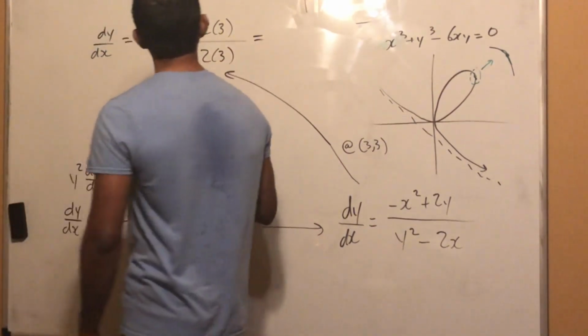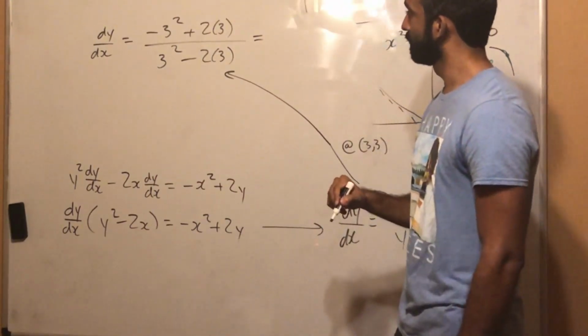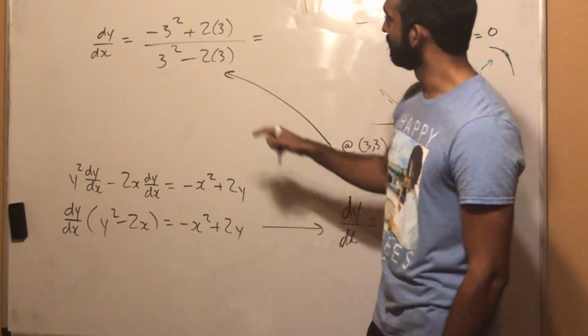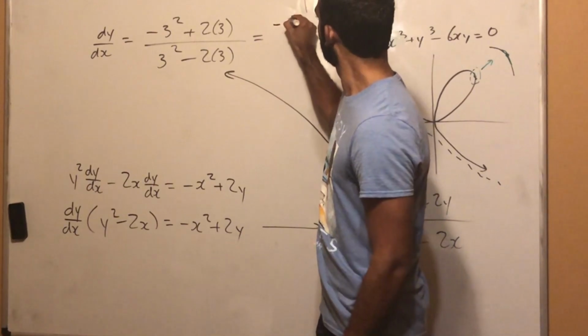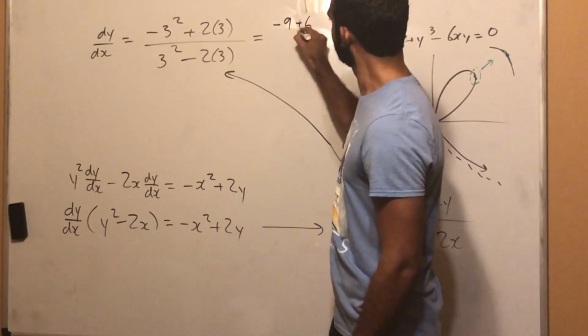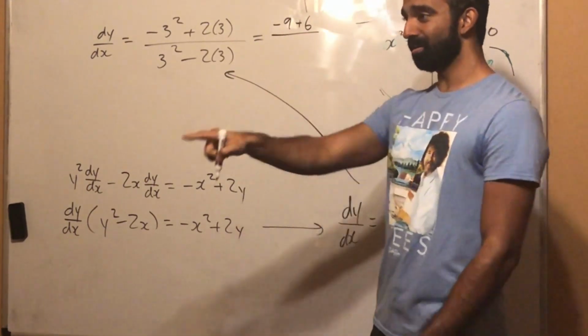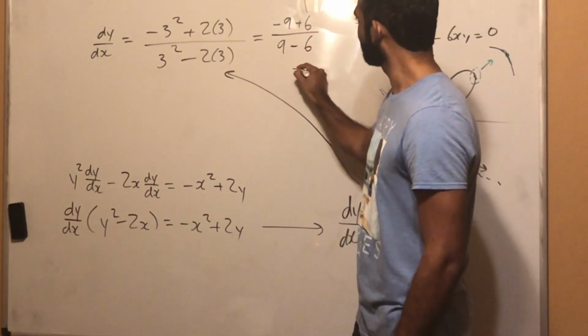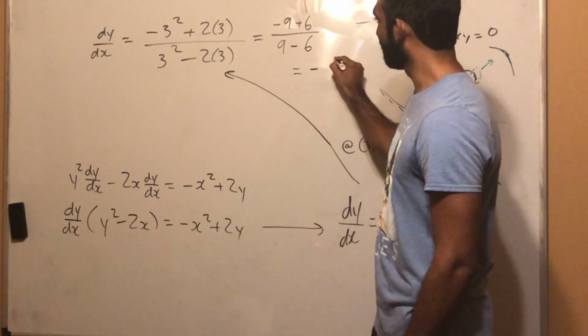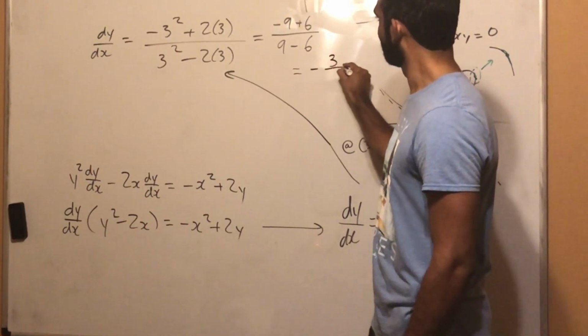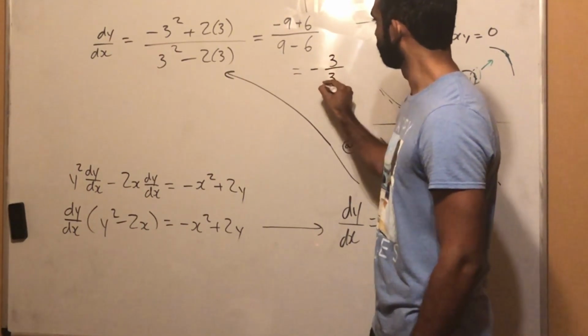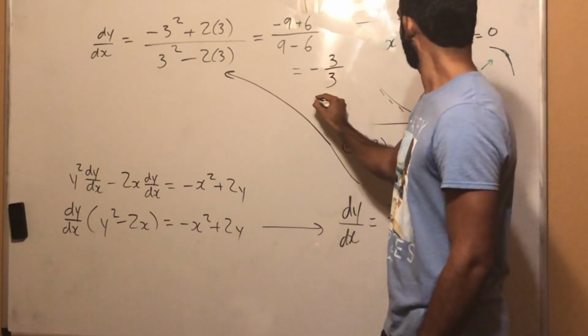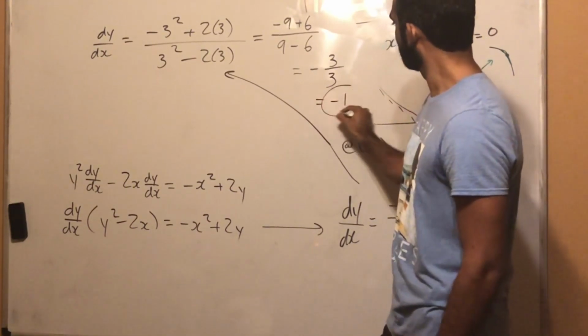Yes. So negative 9 plus 6, all divided by 9 minus 6. That's a very nice negative 3 over 3. Yes. Which comes out to be negative 1.